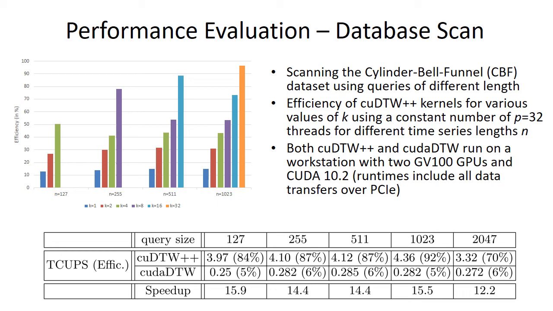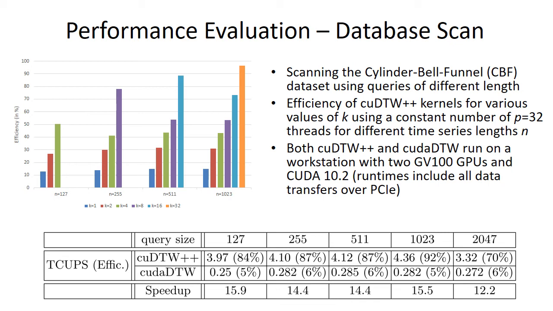You can see that if you increase the value of K, you have more internal computation while the amount of communication remains constant. So when you increase K, you get a higher efficiency, and for K equals 32, you actually can get over 95% of the available performance of your hardware. This all includes data transfers over the PCI Express. And this is based on a GV100 GPU, and we use CUDA 10.2 with C++.